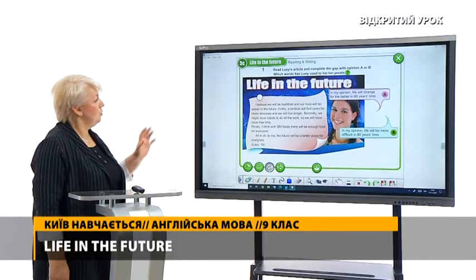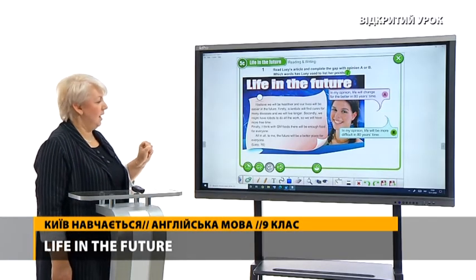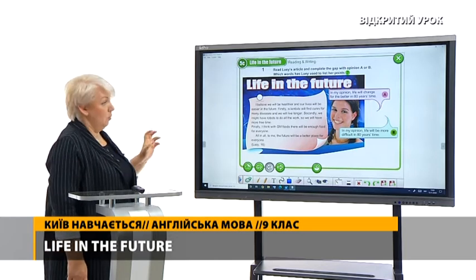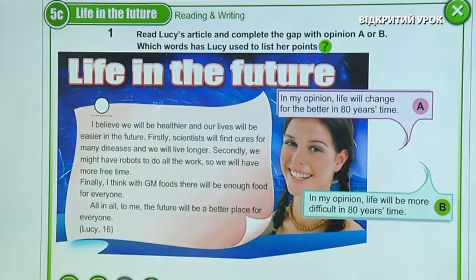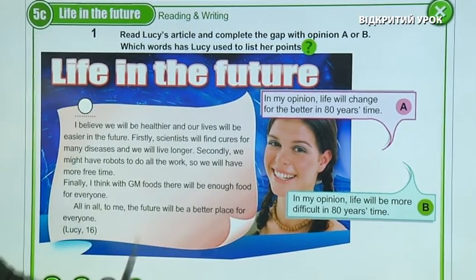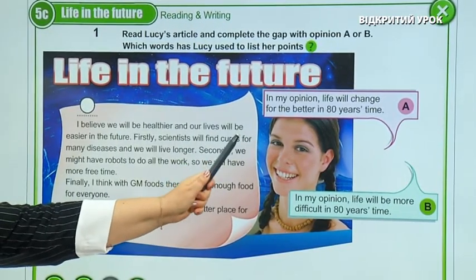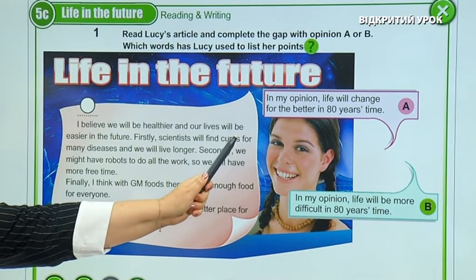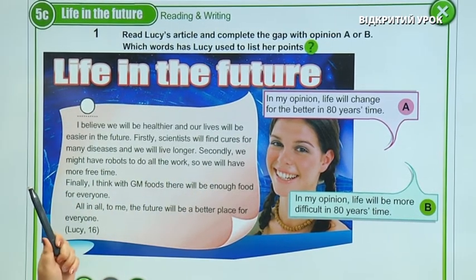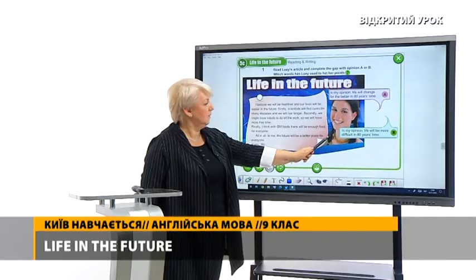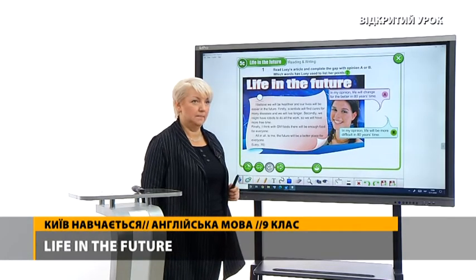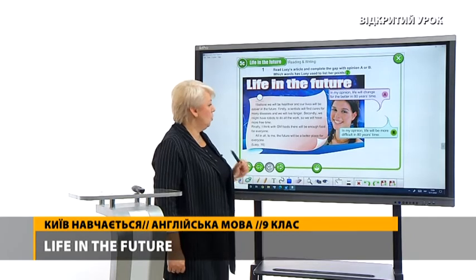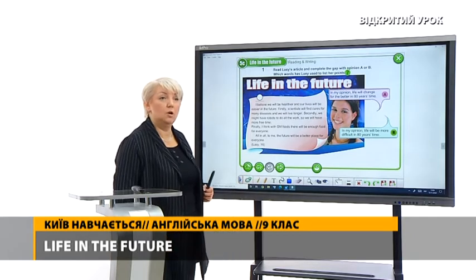I suggest you look at a piece of Lucy's article on the topic and decide what her opinion is. In my opinion, life will change for the better in 80 years' time. And another variant: in my opinion, life will be more difficult in 80 years' time. So pay attention to her text.